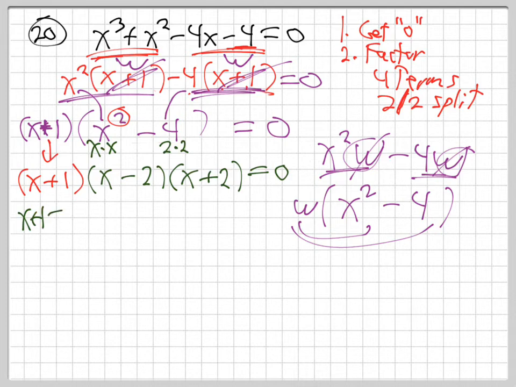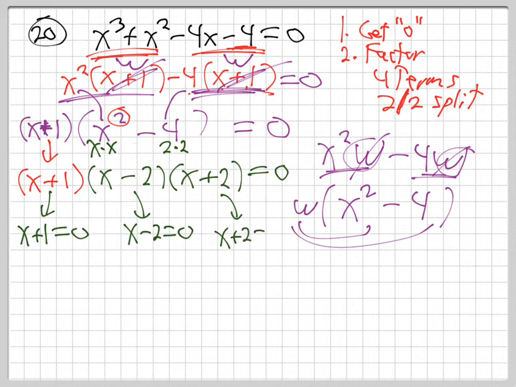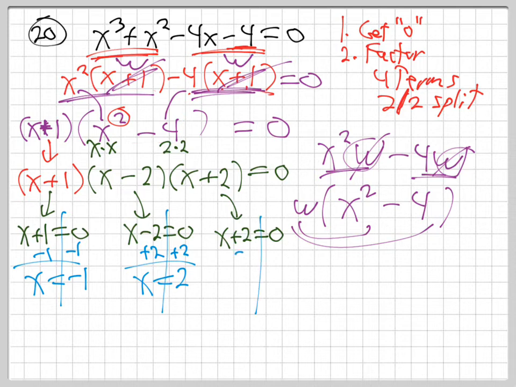So the first one can be 0, the second one can be 0, or the third one can be 0. And then we just solve them each, right? Subtract 1, add 2, subtract 2.